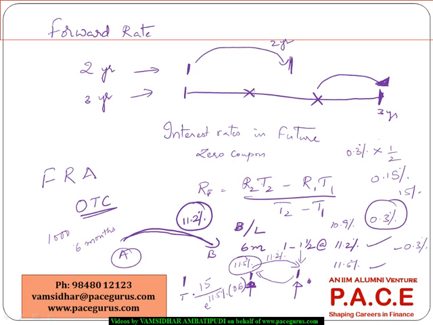At the same time, if I want to know what is the benefit the party has got because of getting into the forward rate agreement, I can say $15 is the benefit that the party has obtained, because he is able to freeze the rate at 11.2% irrespective of the interest rate.